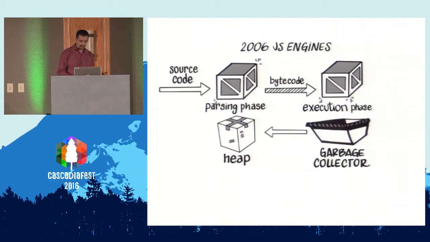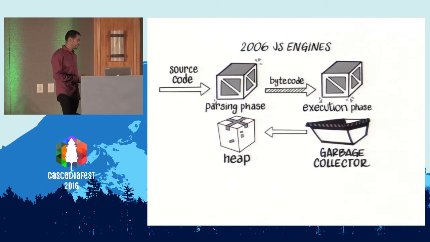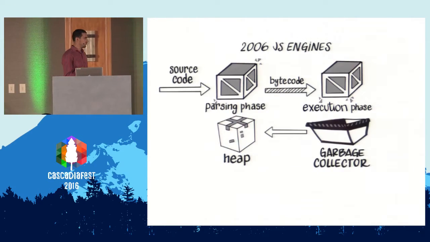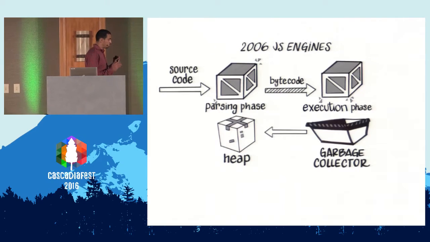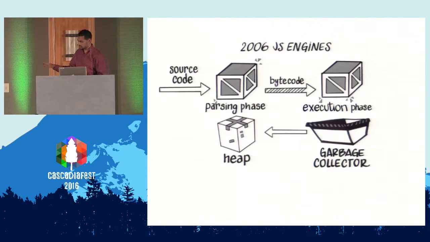They would grab the source code, and they would parse it to an abstract syntax tree, or AST for short. The AST will omit comments, tabs, spaces, parentheses, curly braces, all things that are part of the syntax, and will represent expressions and blocks as nodes in a tree structure.